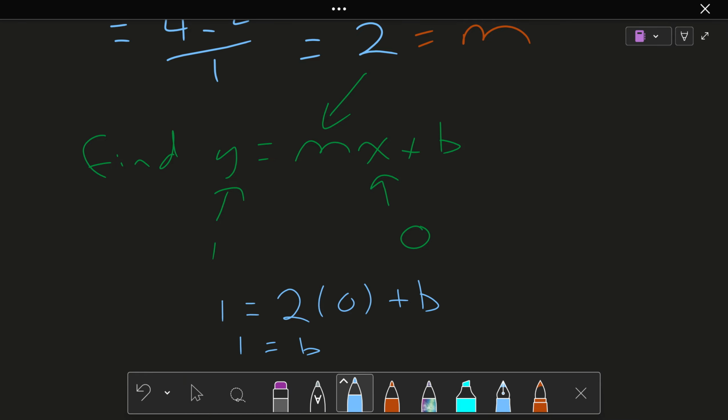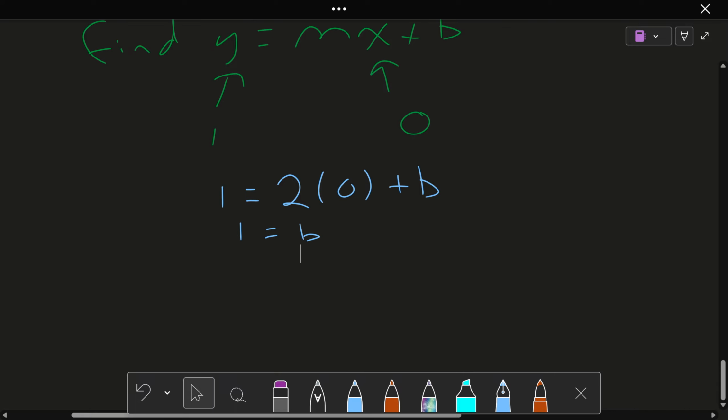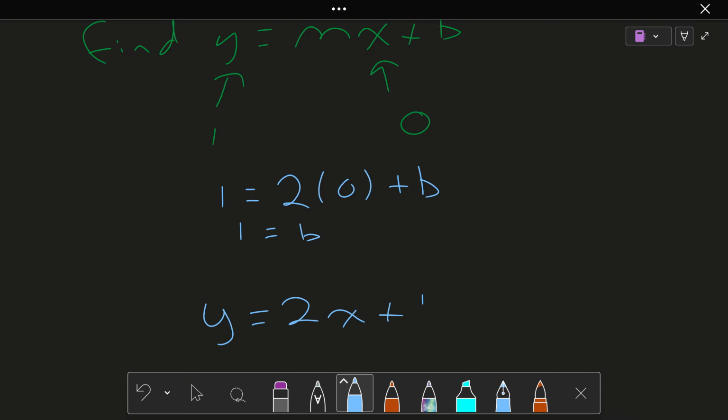So what is the equation of the tangent of my function at x equals 0? Well, the equation is going to be y equals mx plus b. So there is my formula of my tangent line at x equals 0.